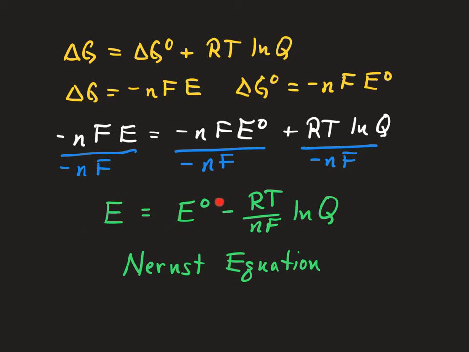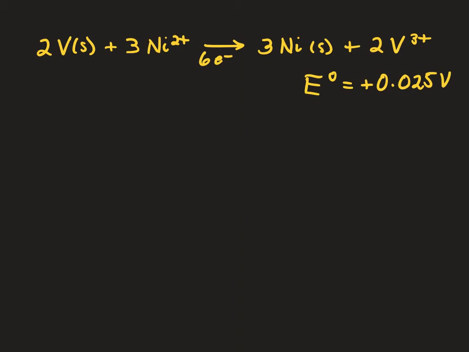If we know the potential under standard conditions, we know how many moles of electrons are transferred in the balanced reaction, and we know the reaction quotient for the reaction. So let's look at our reaction again, our vanadium-nickel reaction that we've been using. If we try to write an expression for Q here, we've got nickel solid.